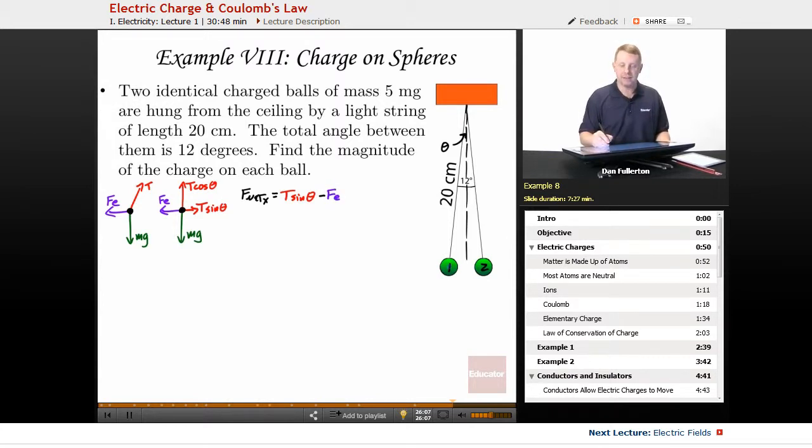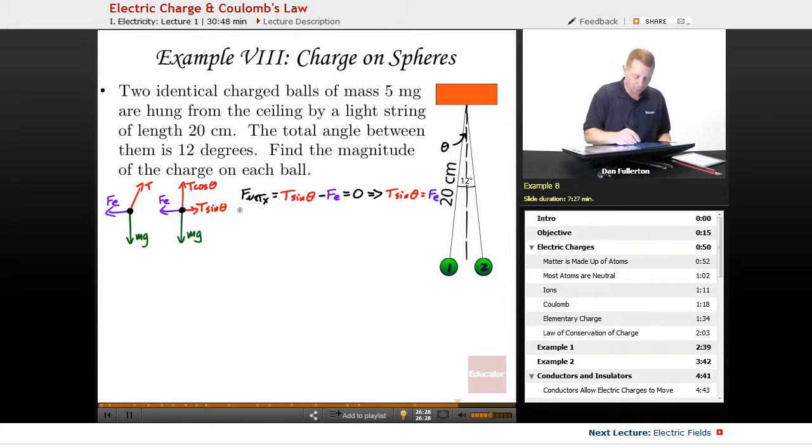Because this is in equilibrium, it's not accelerating, I know that the total must be 0. Therefore, T sine theta must equal the electrostatic force. All right, there's one equation we can use.